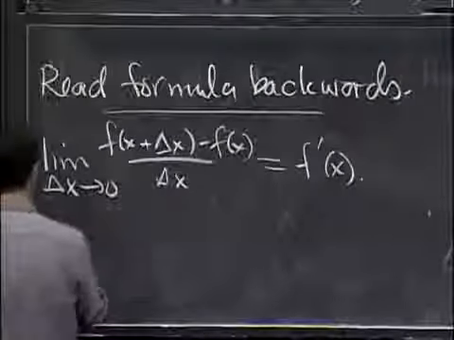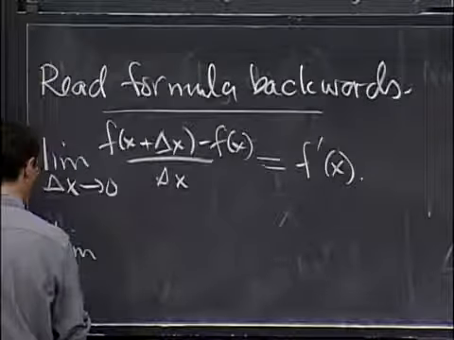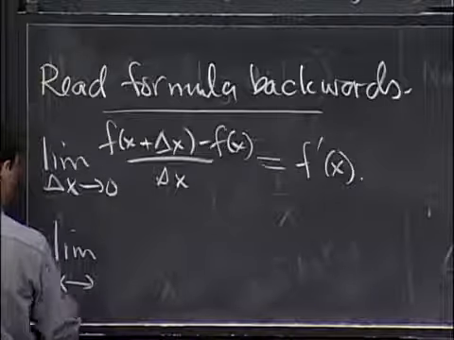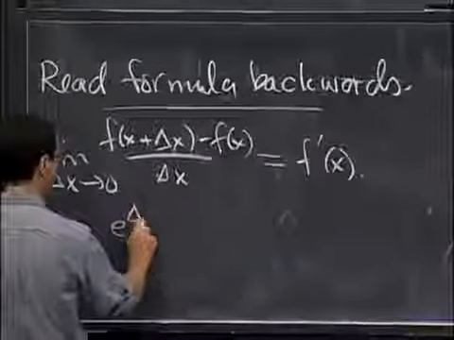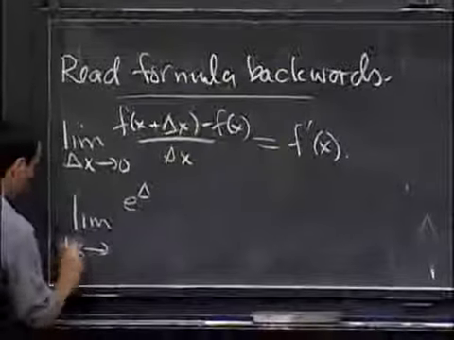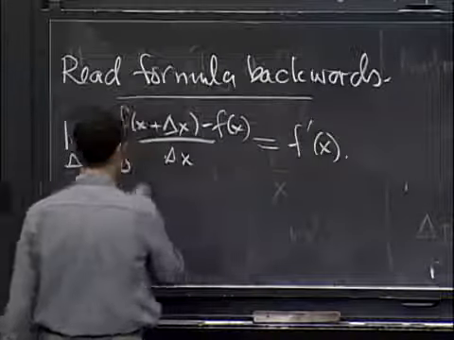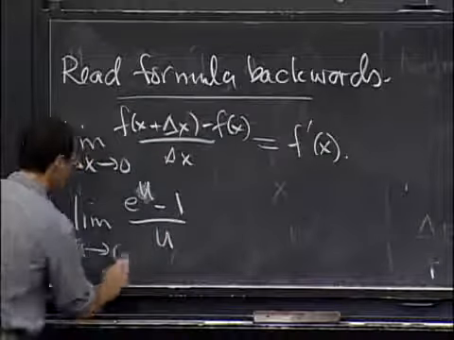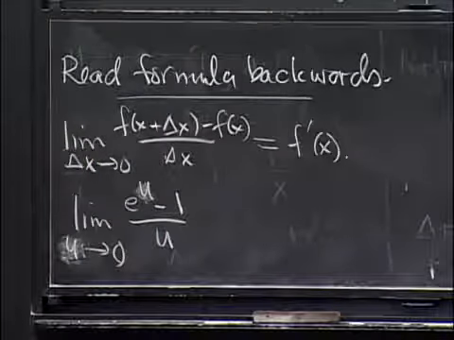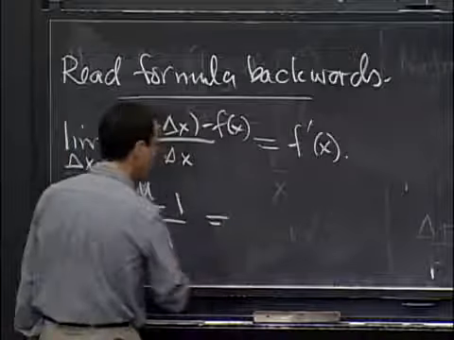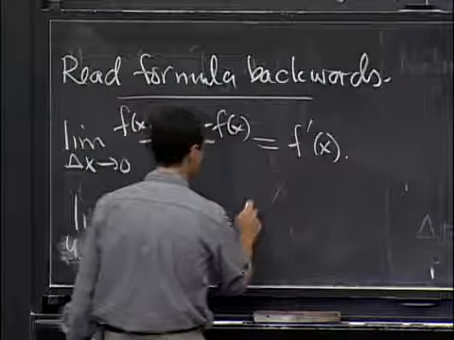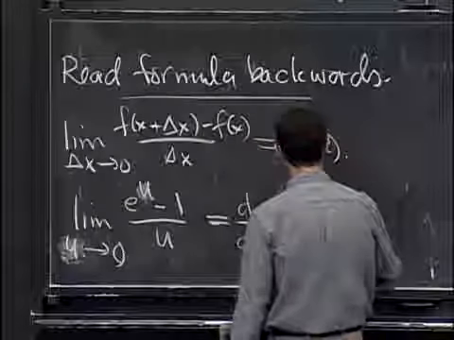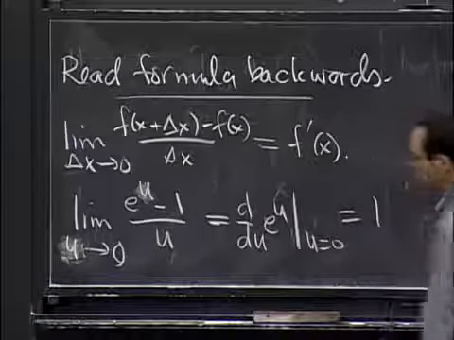For example, I'll use the letter x here, even though it's cheating. Maybe I'll call it delta x so that it's clearer to you. So maybe I'm going to call it u. Suppose we look at this limit here. Well, I claim that you should recognize that this is the derivative with respect to u of the function e to the u at u equals 0, which of course we know to be 1.